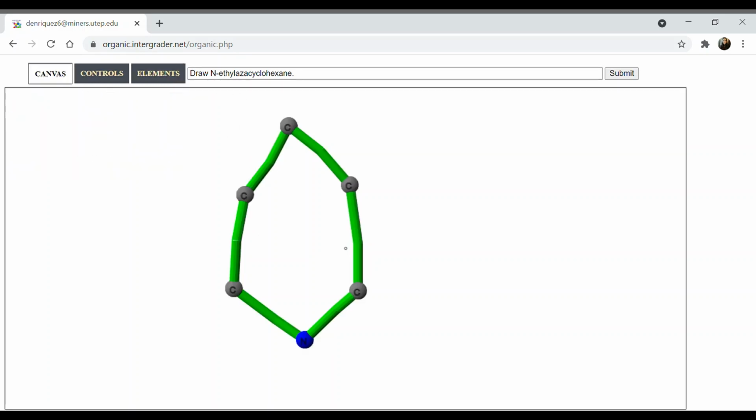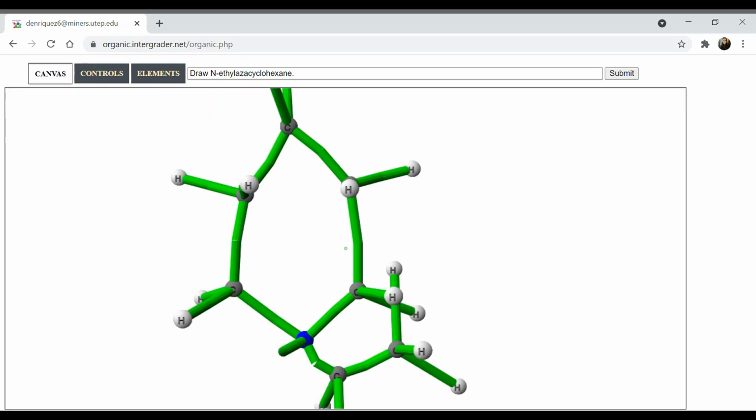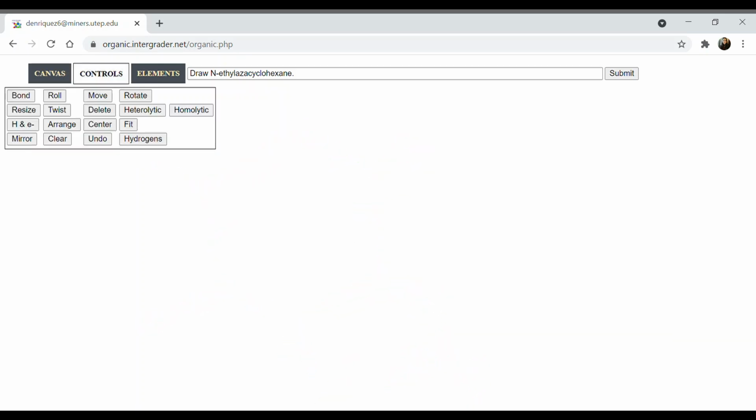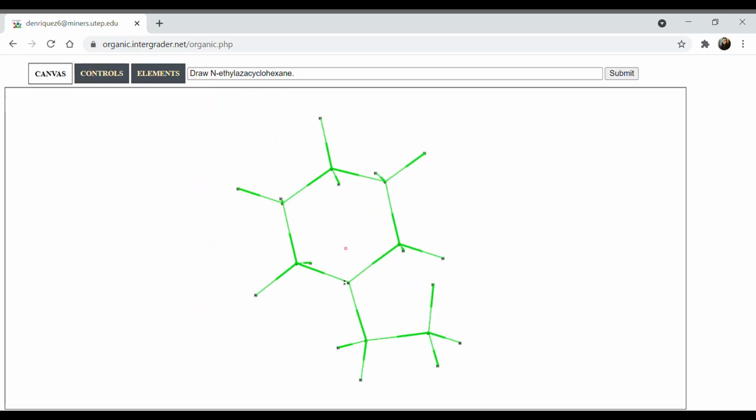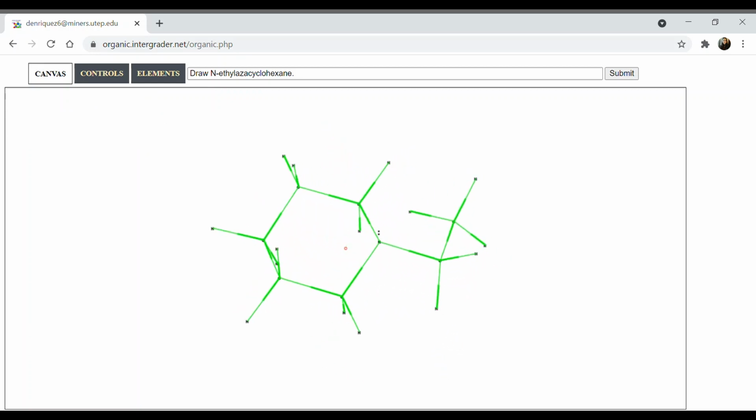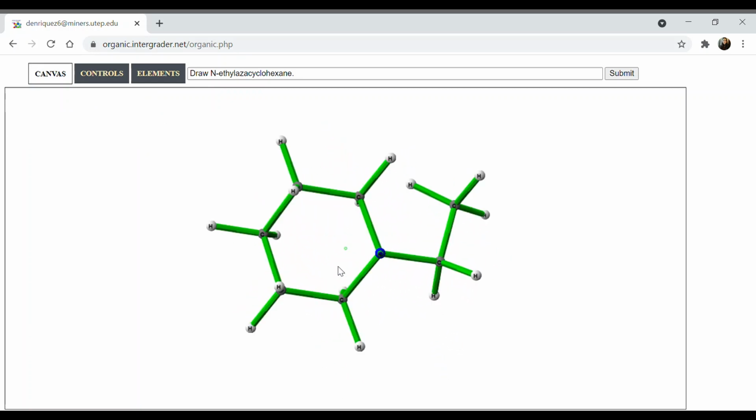So I'll add my ethyl right here, add my hydrogens, hit arrange. Okay, so if we double check, cyclohexane, aza makes one of the carbons a nitrogen, and then we have an ethyl only at 1 N position. If it had 2 N's, then it would have 2 ethyls. But it doesn't, so we should be good.